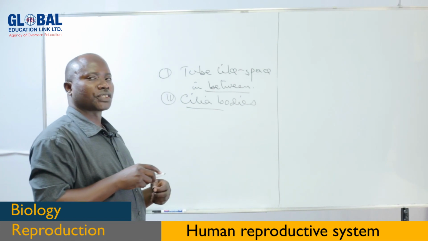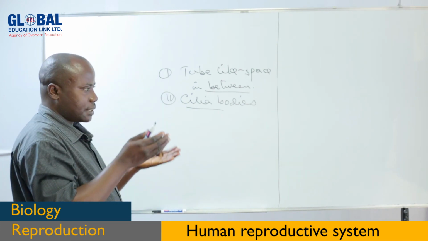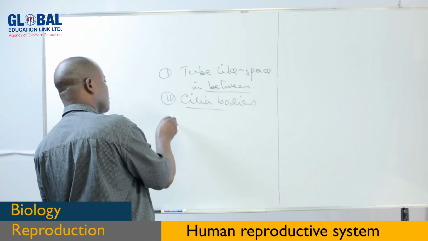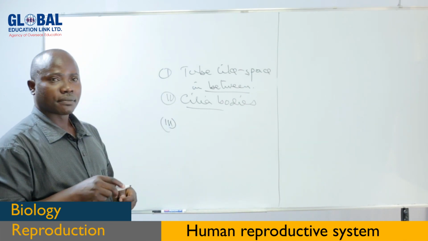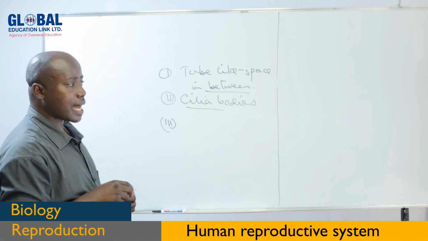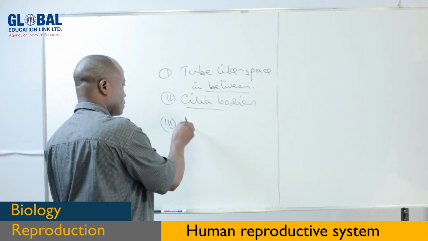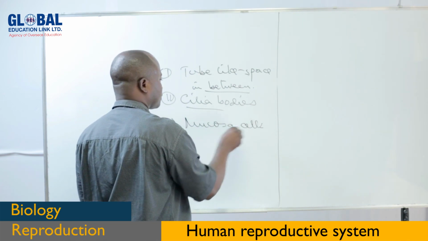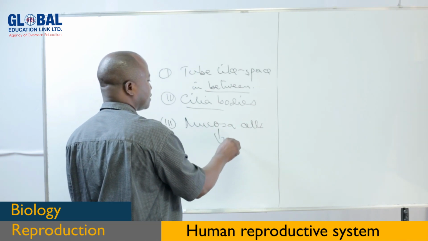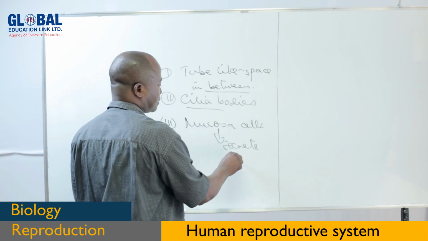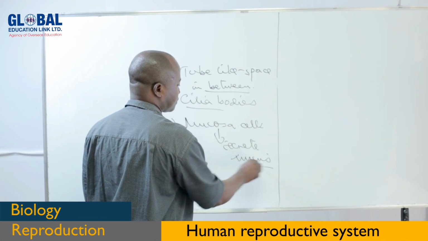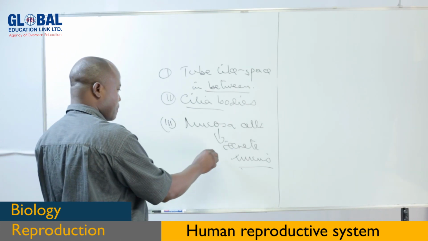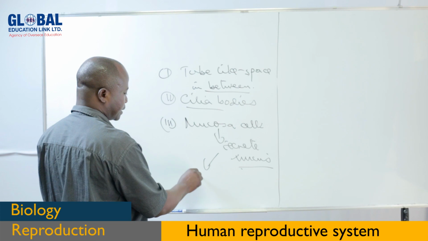These are hair-like structures that line the inner part of the fallopian tube. Third, the fallopian tube also has mucosa cells that secrete mucus. This mucus allows swift movement of the oocyte.